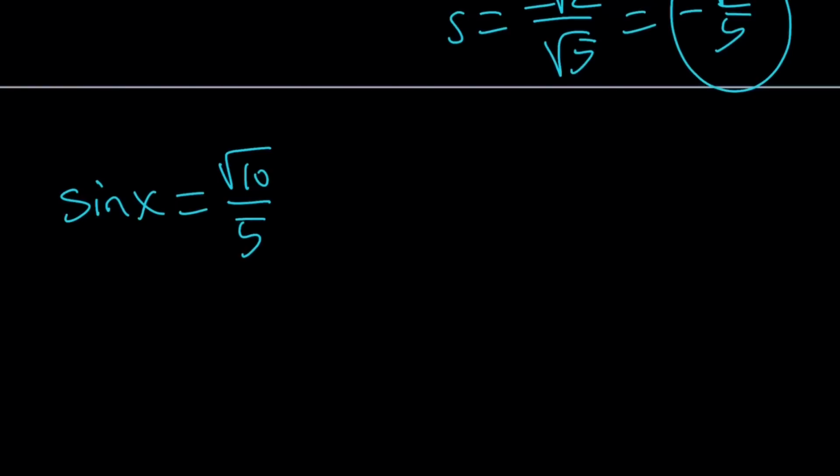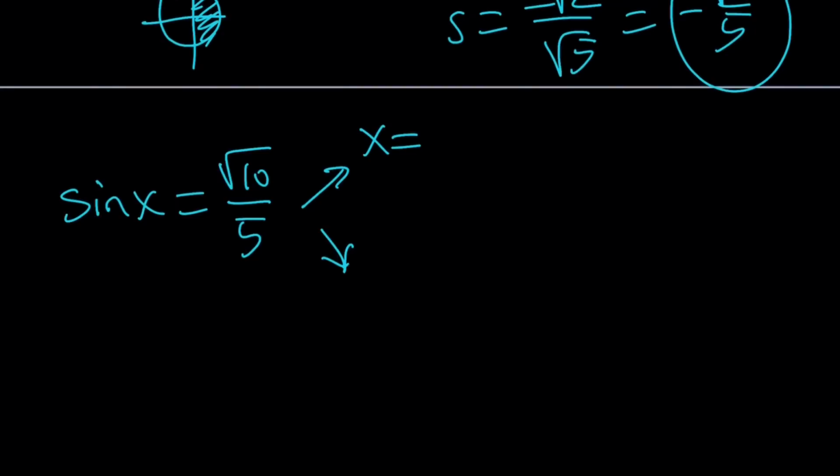How do you solve this? There are two solutions. We branch off again. We're thinking about an angle whose sine is root 10 over 5, but that's going to be an acute angle since its sine is positive. If its sine is negative, then you kind of have to think of an angle in the fourth quadrant because the range for the sine inverse function is going to be something like that.